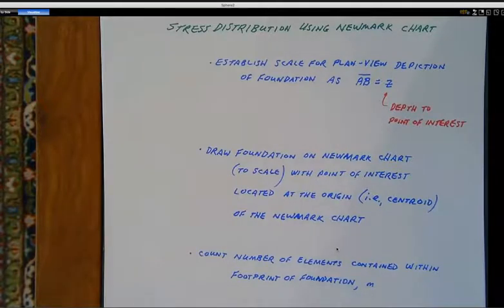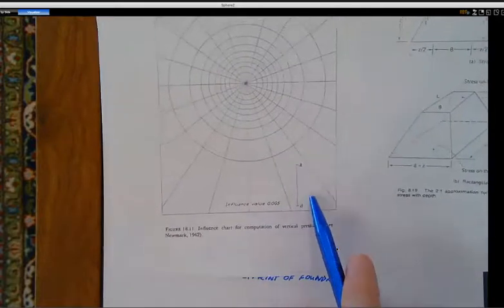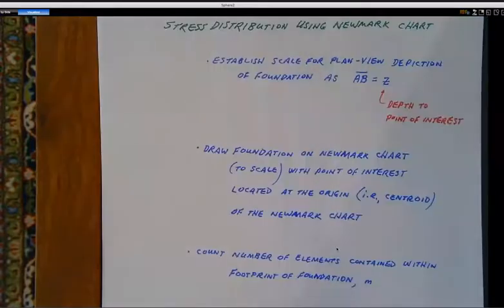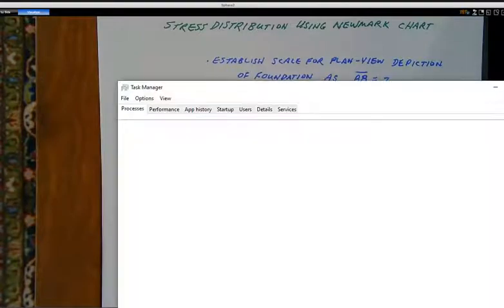So it's typically depth below ground surface in that highly idealized scenario. And the AB is this distance here, and that distance will equal the depth to your point of interest. If you're 12 feet below the foundation, or 20 feet below, or 3 feet below, your foundation would then be drawn to different sizes on the graphic.